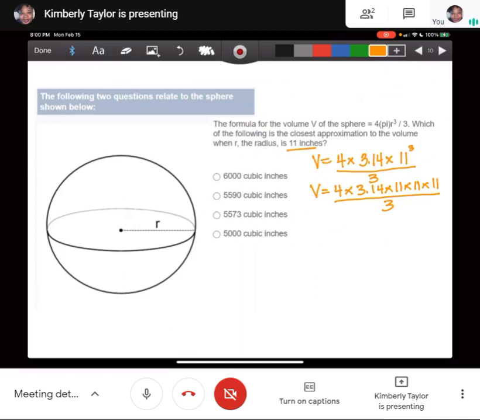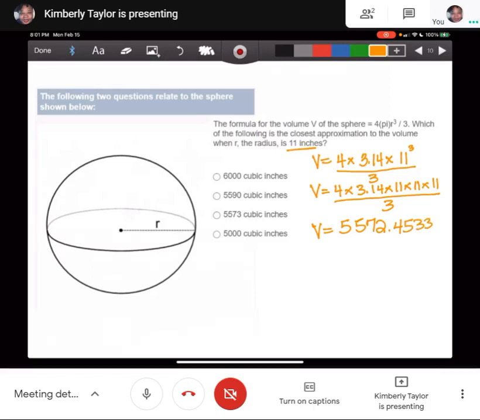That's the translation of 11 to the third power. So let's get our calculator out. Let's calculate all of this. 4 times pi times 11 to the third power, and then divided by 3. And so your volume comes out to be 5,572.4533.